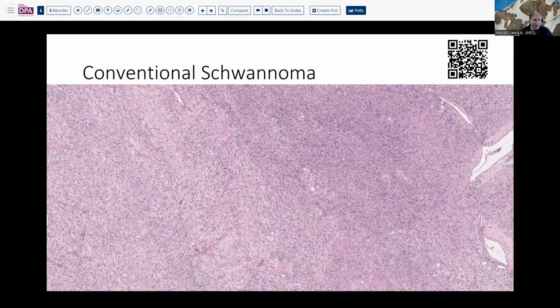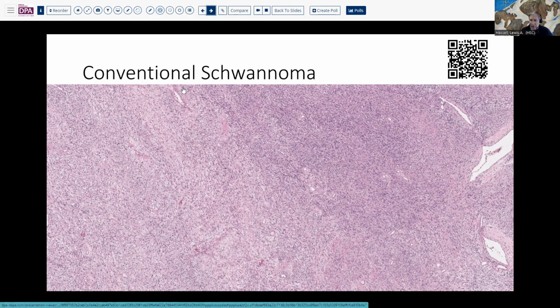And this lesion has very intense, strong positive S100 staining. Very important feature. It will also be positive with SOX10, occasionally with GFAP, and generally negative or variable with keratins. So we've got a digital slide for you to review as well.